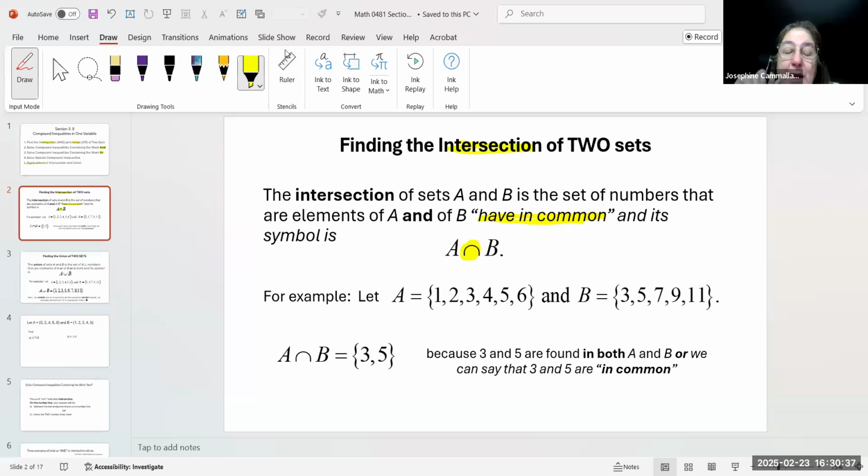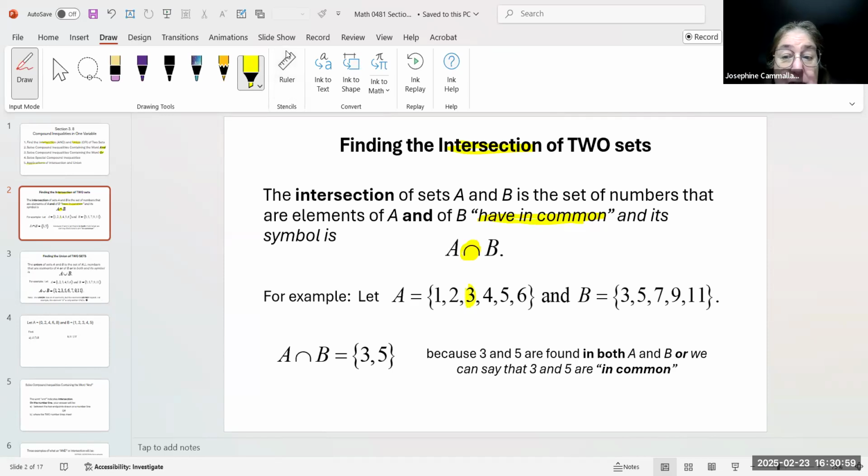We have A and we have B. That means what answers in A are in common with the answers in B. Well, if you look at A, B doesn't have a 1. If you look at A and have a 2, B has no 2.